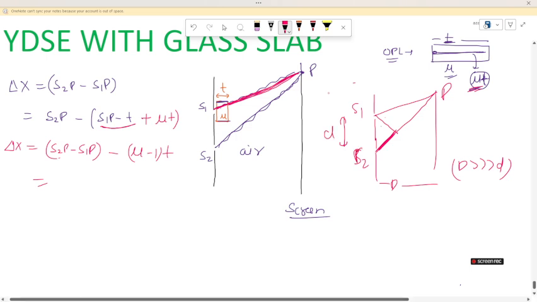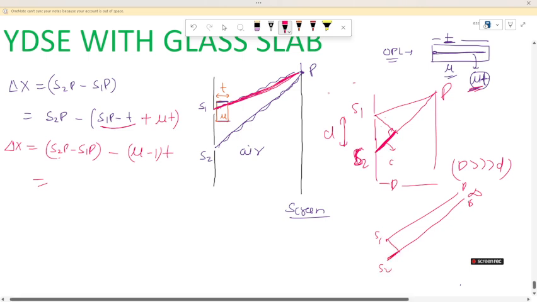So when we find this gap, we draw a perpendicular on S2P. These two lines are almost parallel because point P is very far away. So to calculate S1P minus S2P, we draw a perpendicular and this is the distance.